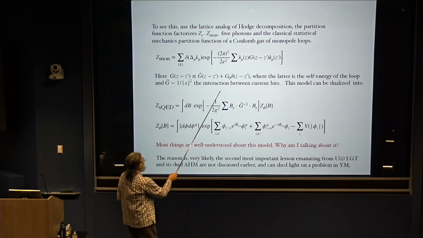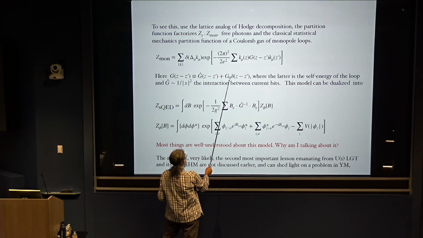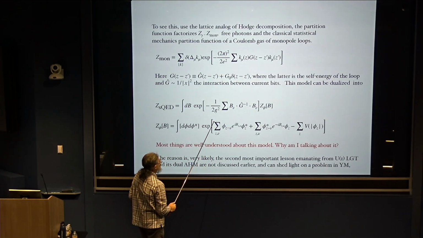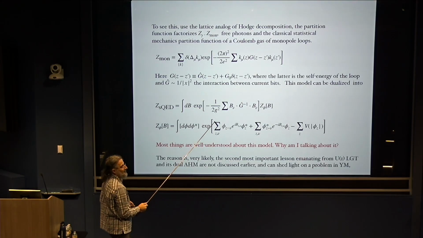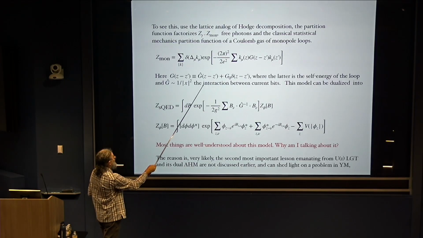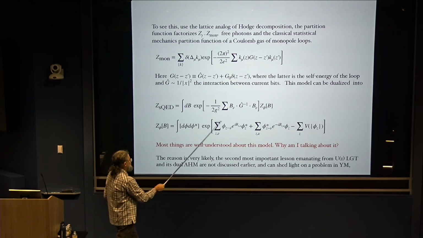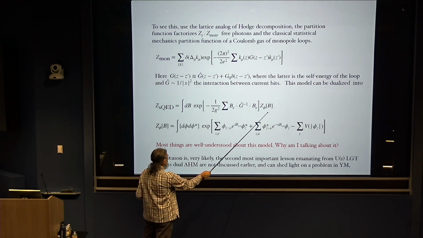And I decompose this, following Peskin, into G hat and G naught. And G naught is the self-energy of the loop, which we will associate with the mass of the monopoles. Okay? You can go ahead and write down a scalar QED, abelian Higgs model. There is a dual photon, and there is this matter field.